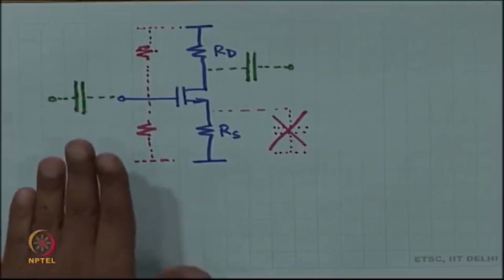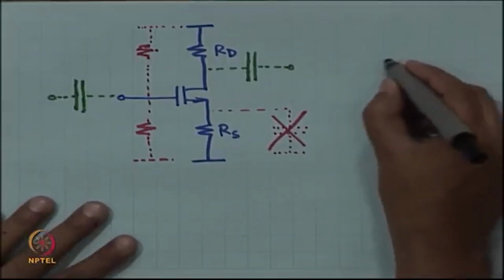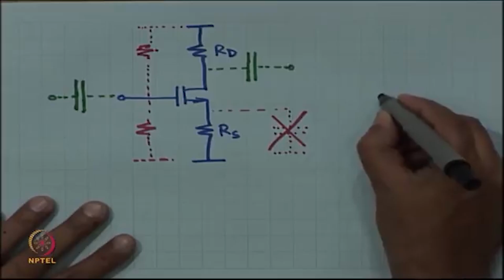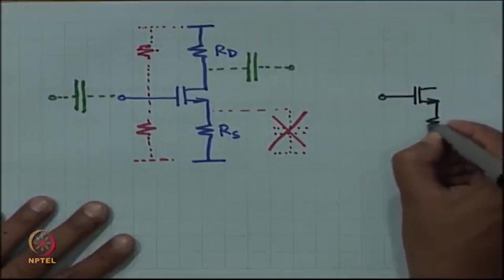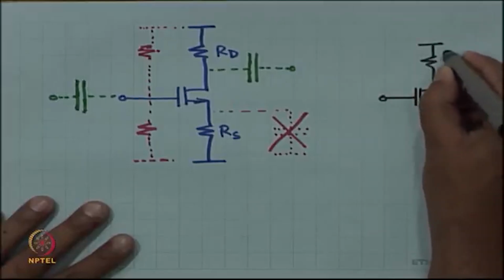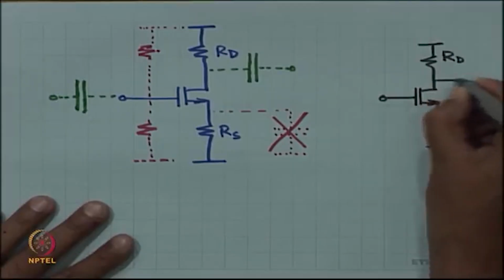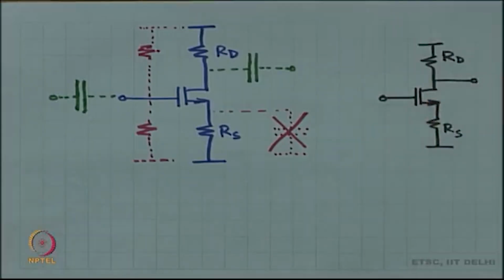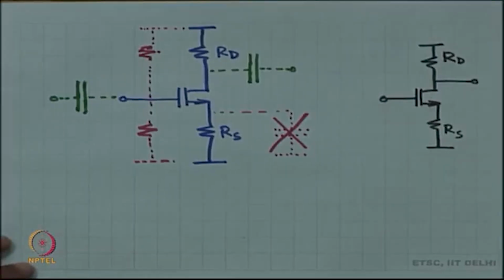So, first of all, let us redraw. The green input and output capacitors are short circuits.